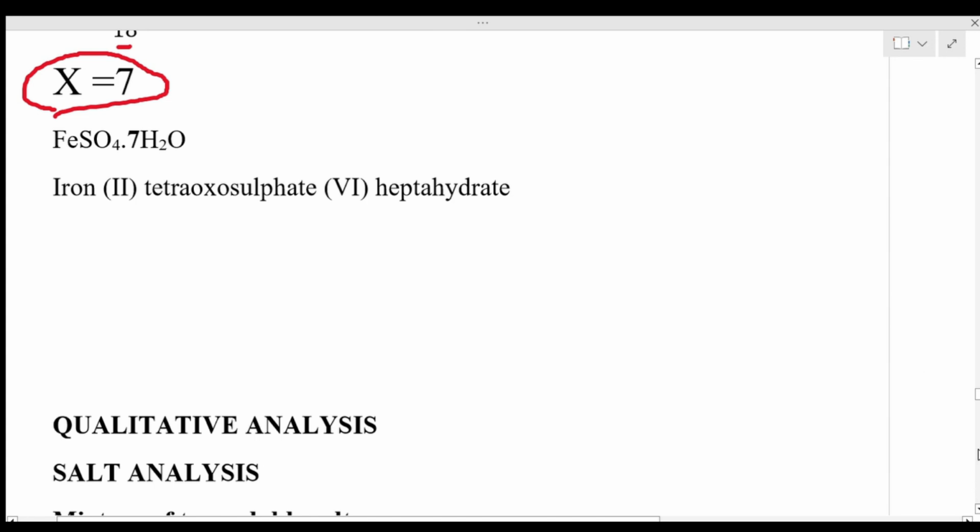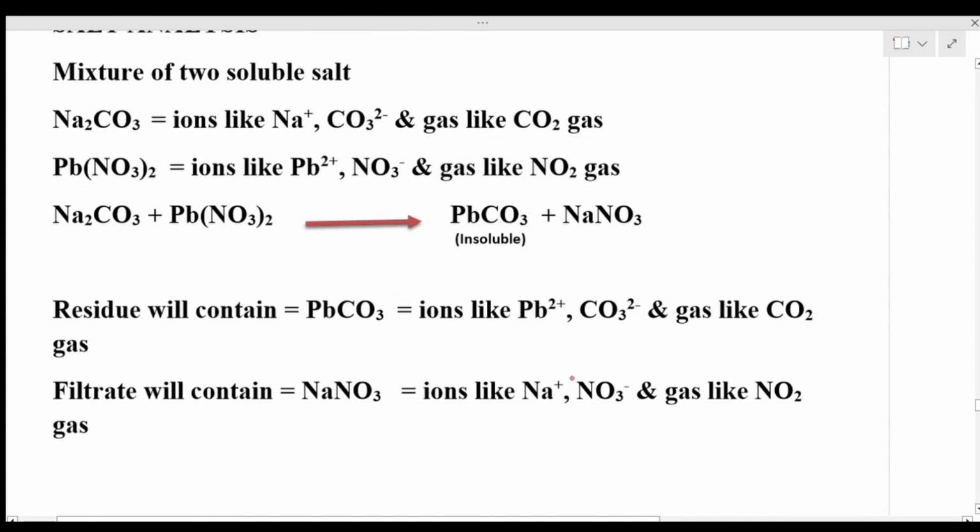Now the salt analysis, what we are actually expecting on Thursday, is a mixture of 2 soluble salts. Na2CO3 is soluble. PbCO3 is also soluble. But they have asked us to mix these 2 salts together.